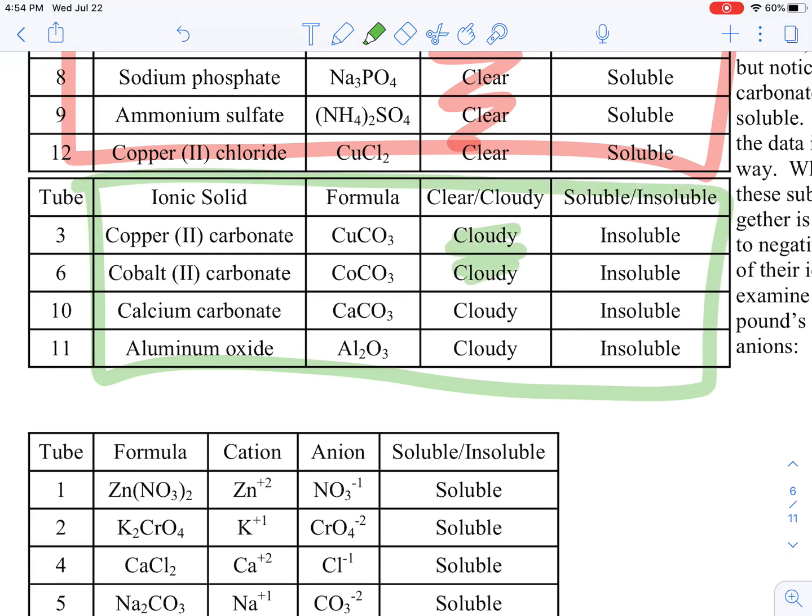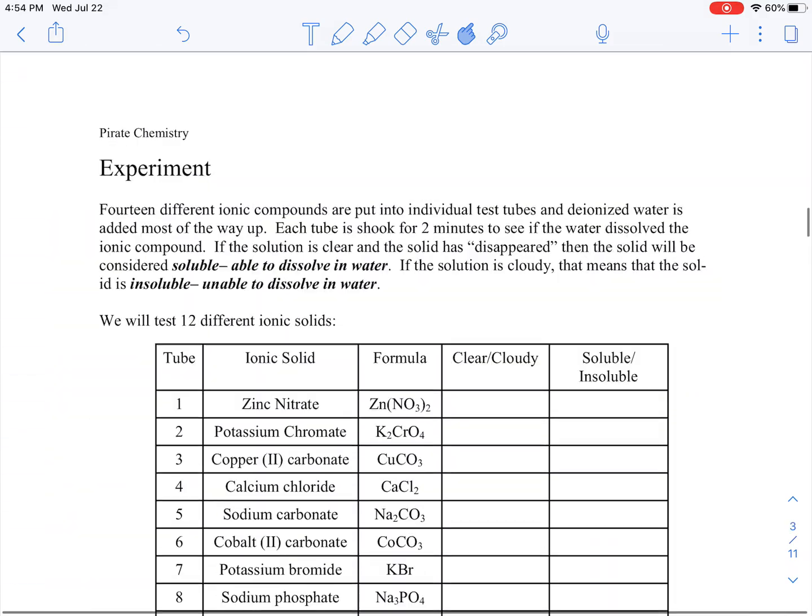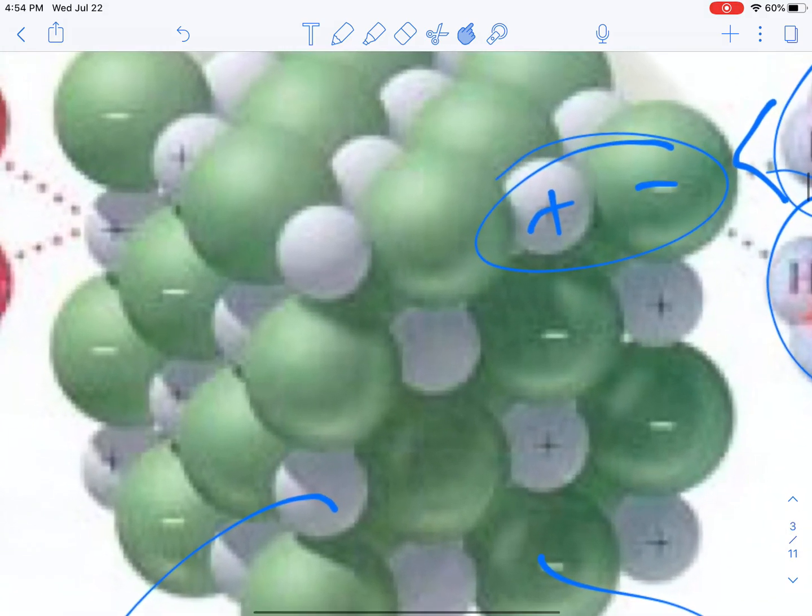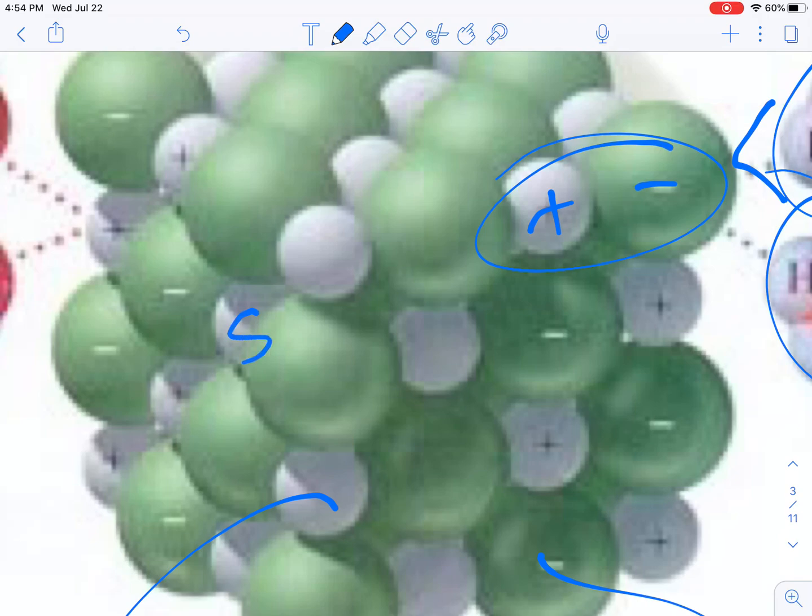We can see that if it's cloudy, we can make a reasonable assumption that they are insoluble, meaning that whatever was going on in the crystal, that crystal was a strong crystal. If the crystal is strong, then this crystal was not ripped apart by the water molecules, and it stayed together.